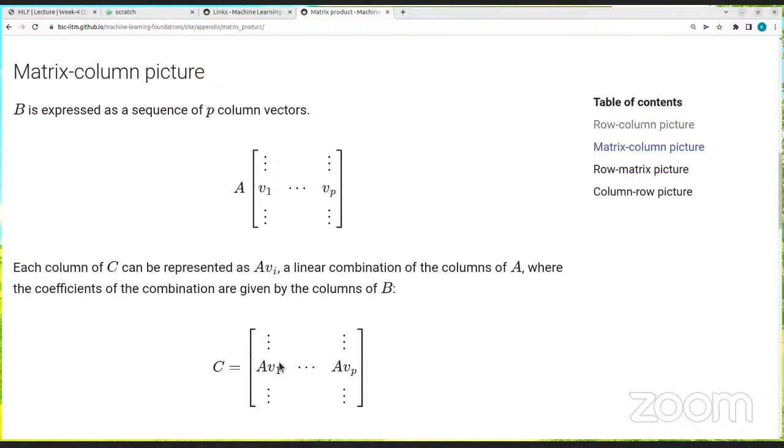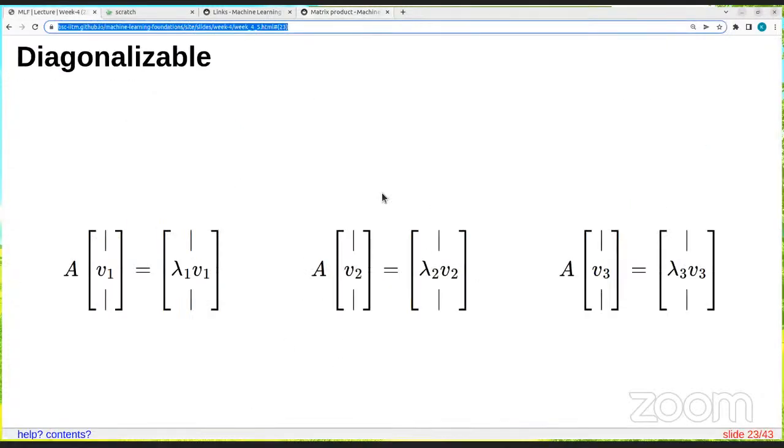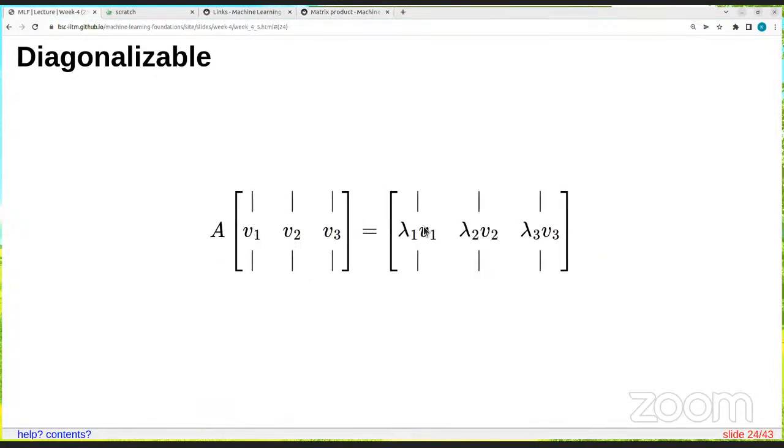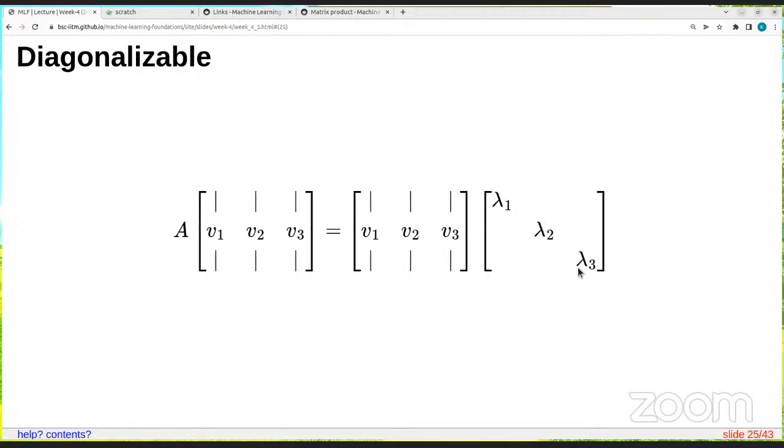Yes, sir. Right, so this is what I'm doing here. Basically A times V1 is lambda 1 V1, A times V2 is lambda 2 V2, A times V3 is lambda 3 V3. This is one way of multiplying two matrices. Assuming that this is clear, I can now rewrite the RHS this way.